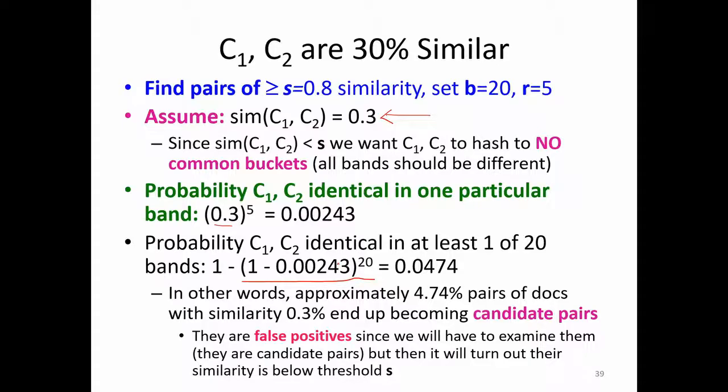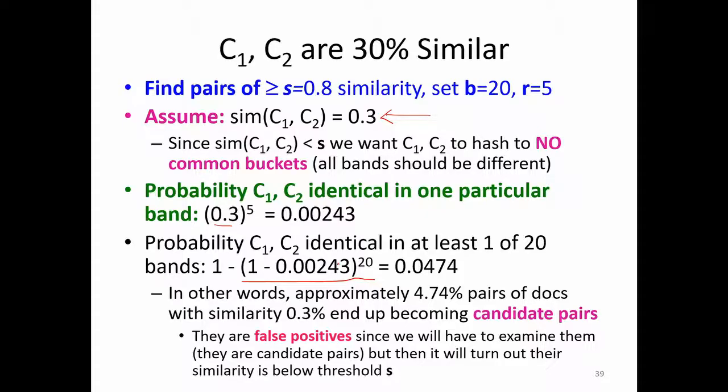So of the document pairs which have 30% similarity, we will have a 4.7% chance of false positives. So you can see that you may have to look at about 5% of false positives.